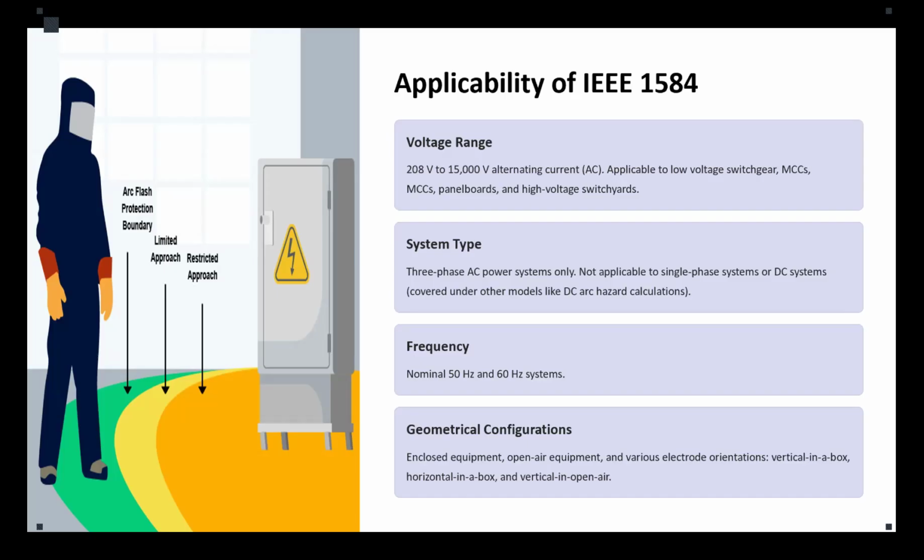So we need to pay attention to those configurations. These distinctions are not just theoretical or academic. The standard uses different experimental correction factors for each of the configurations, so misdefining the geometry can result in inaccurate incident energy prediction.